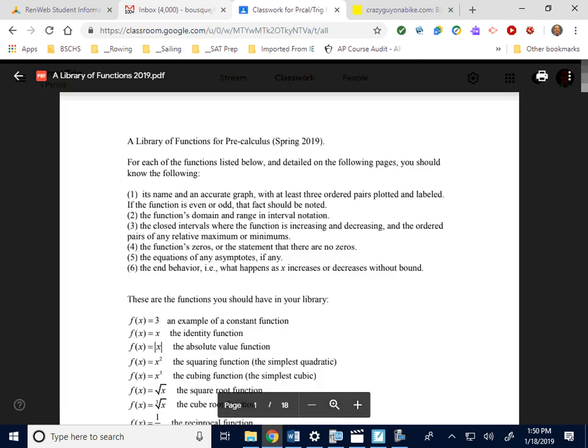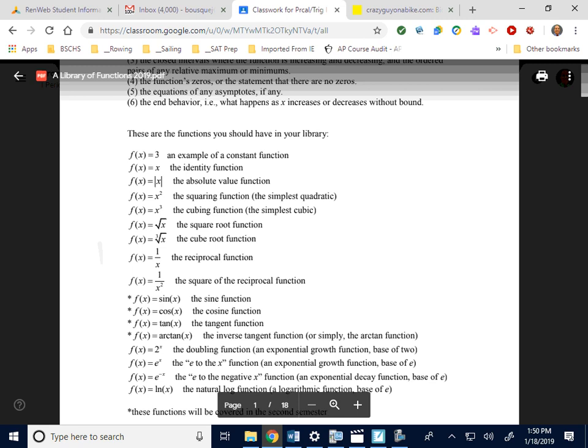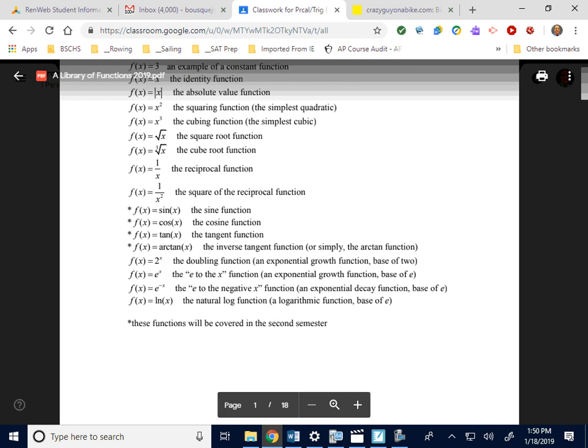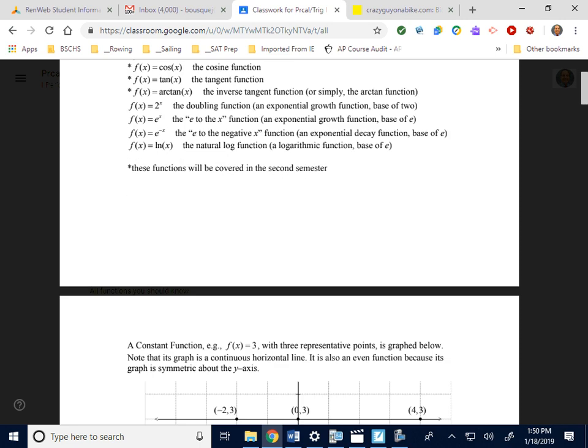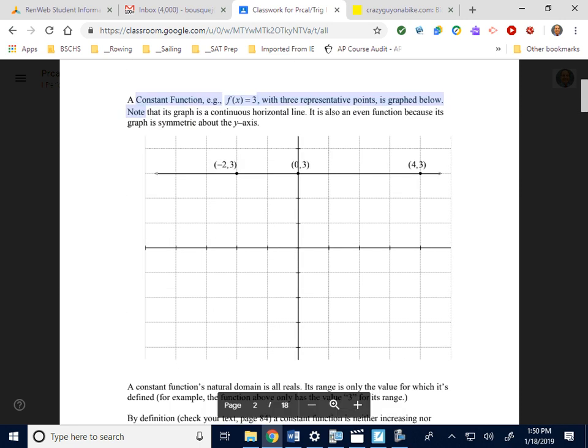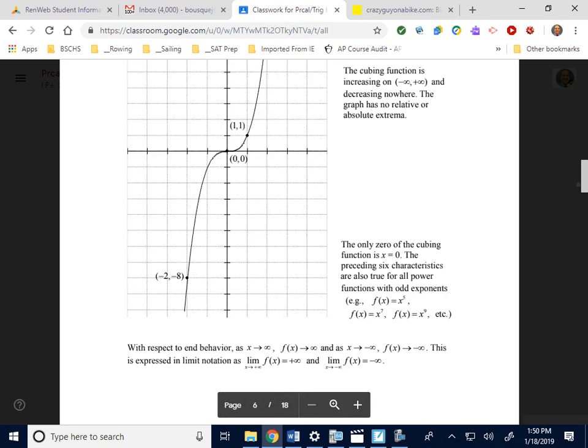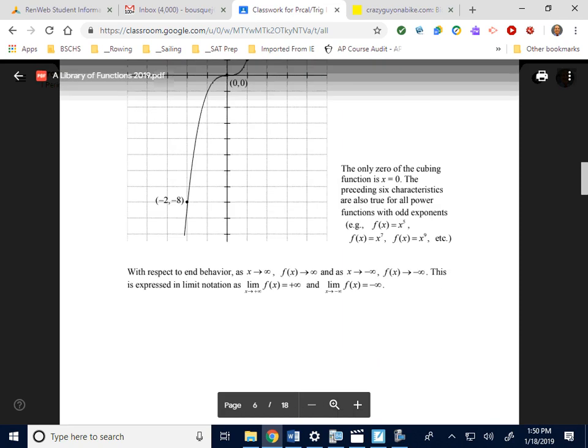And in the library of functions, I had included the sine, the cosine, and the tangent, and the arctangent with an asterisk. These will be covered in the second semester. We're going to be covering these now, right? So we're doing sine and cosine. And one of the things you should be able to do is to talk about the domain and range. Where are they? They're down here with the little waves somewhere in here.